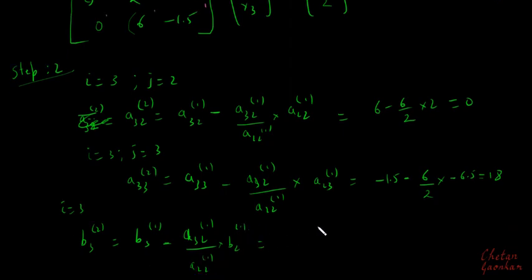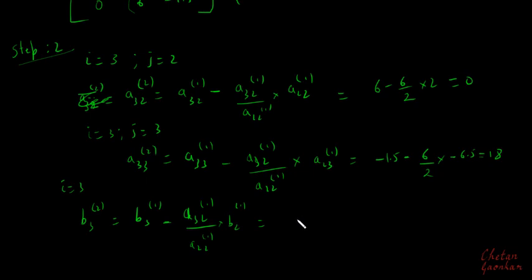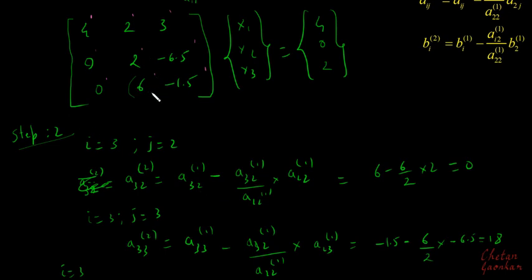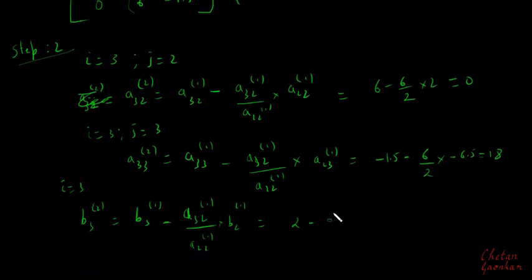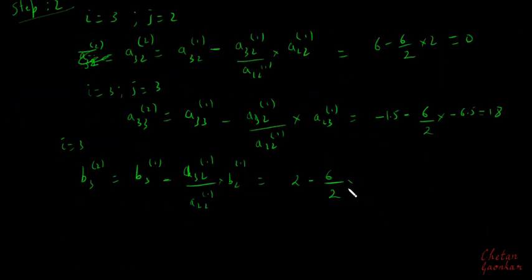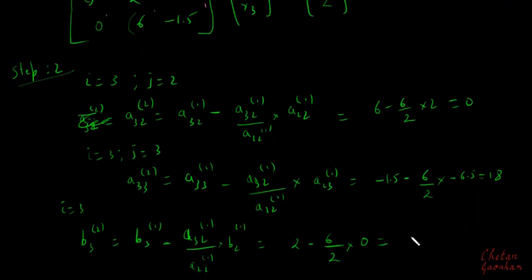So b3 of 1 is 2, minus a32 of 1, which is 6, divided by a22 of 1, which is 2, multiplied by b2 of 1. b2 is 0. So this will give me 2.